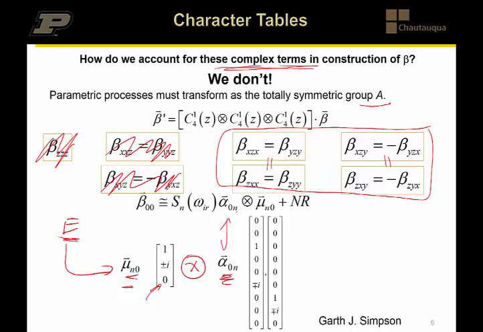And so now we're taking the Kronecker product of these two, and you can see here we've got mu x, and we're going to multiply that by, in this case, alpha xz. So this is going to be beta xzx, corresponding to 1 times 1.